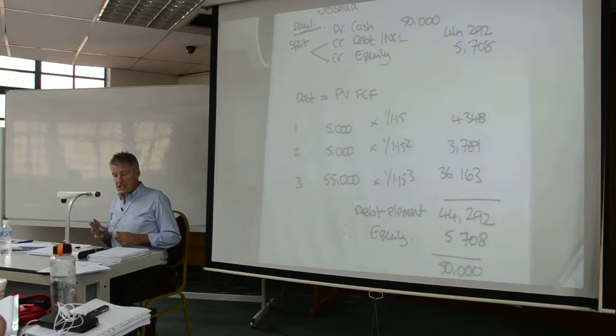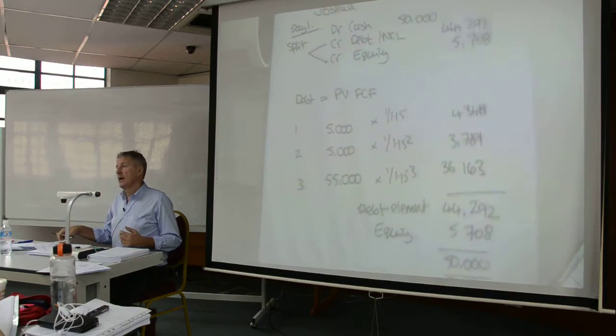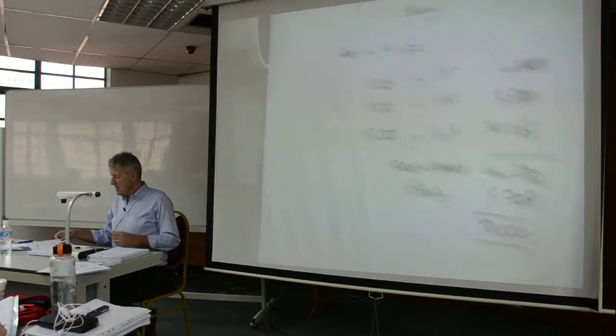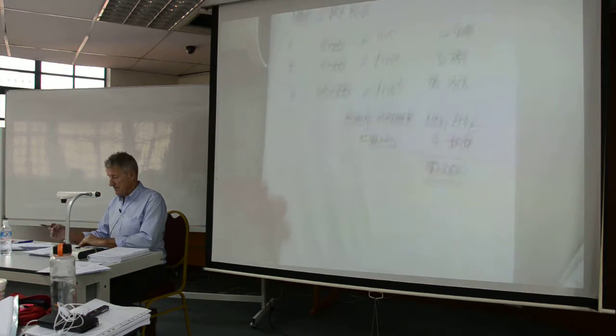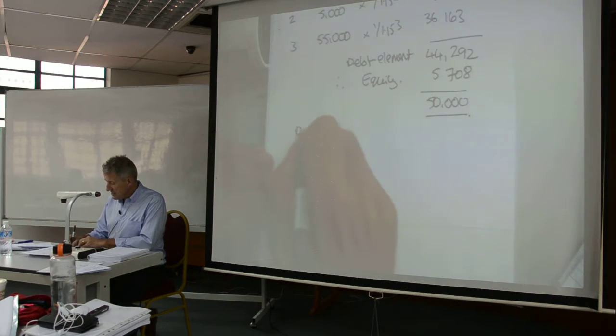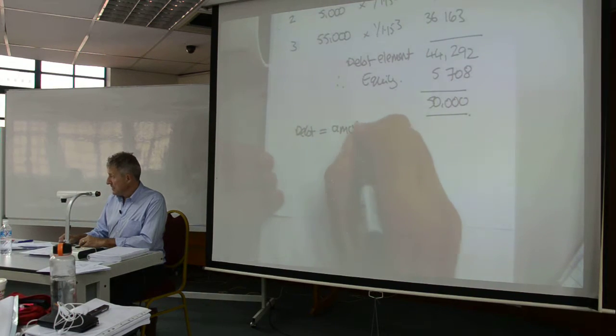But I was interested in what the financial statements would look like in 12 months' time. Well, the equity element is going to remain the same. But the debt is going to be subject to your friend and mine, amortized cost.